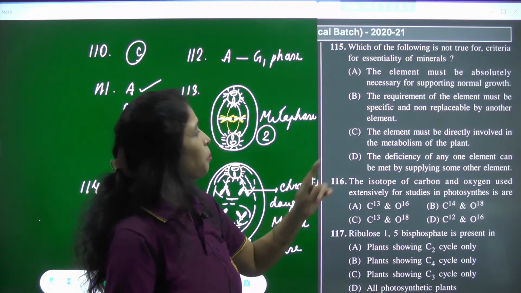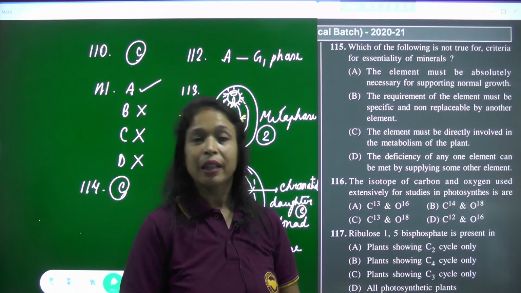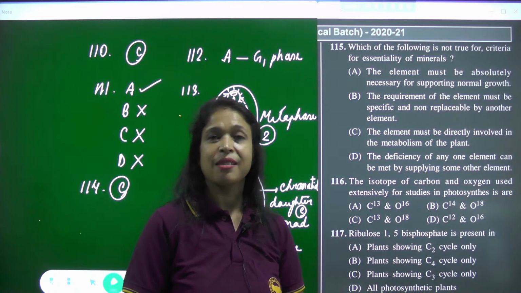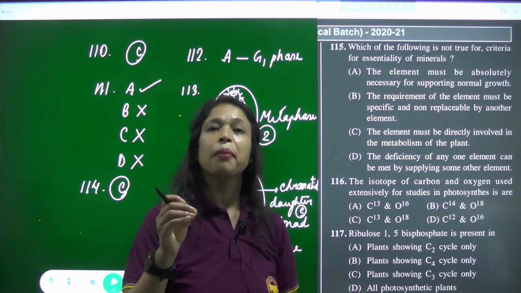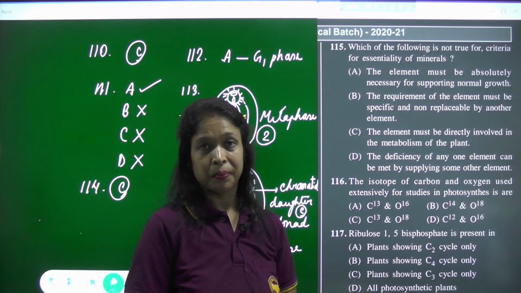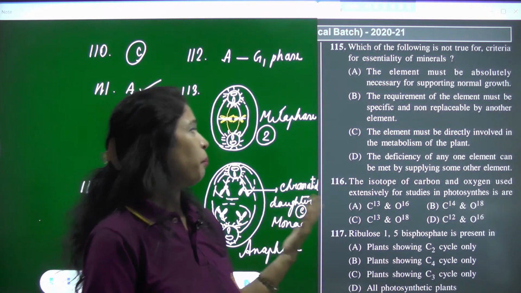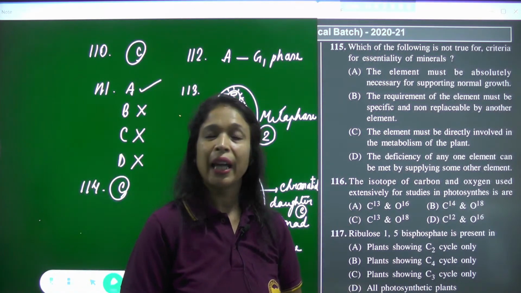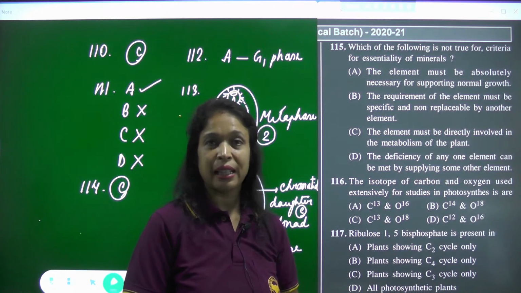Next, the element must be directly involved in the metabolism of the plant. Correct. This is another essentiality criterion given by the scientists. The element must play a direct role in the metabolism of the plant. Next, deficiency of any one element can be made up by supplying another element. No, it is not a criterion of essentiality.